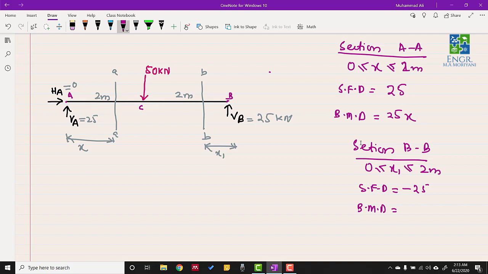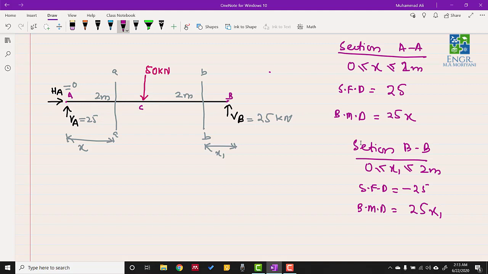But in this case, because we have taken the right portion of the beam, on the right portion we have only one force, VB equal to 25 kilonewton, and this will generate a moment of 25 into x1, because 25 is the magnitude of the force and x1 is the distance from the point of application of the force to the point of rotation.